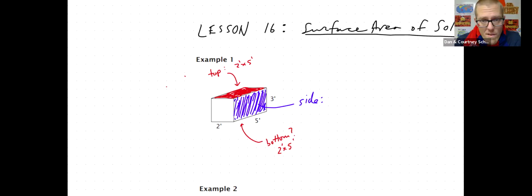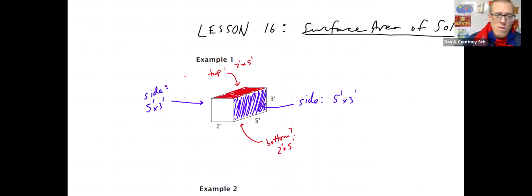Simple. 5 feet times 3 feet. Lenov says, but there's another side over here. And I agree. 5 feet by 3 feet. Lenov will not be fooled. Okay, so we got a top and a bottom. We got side 1 and side 2. What is remaining, Kale?